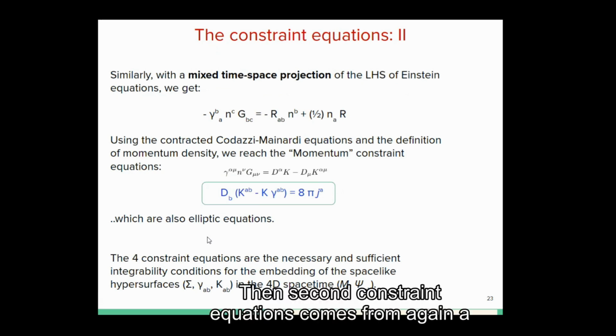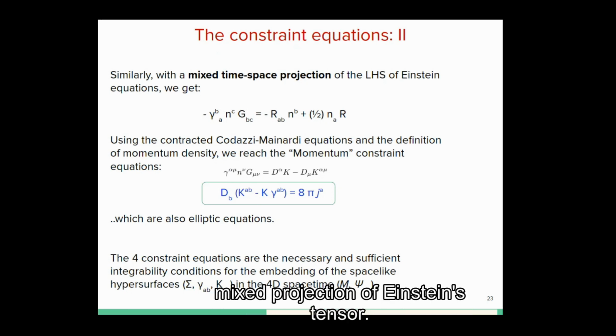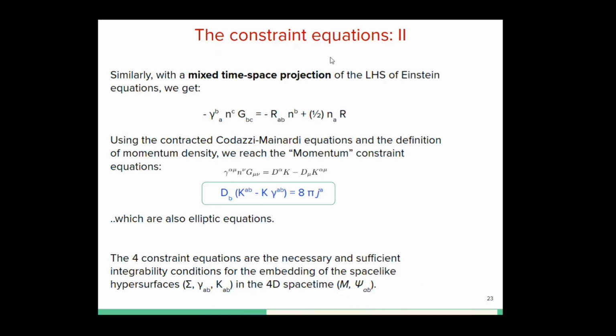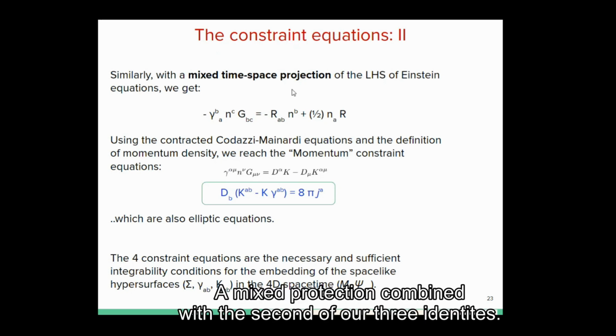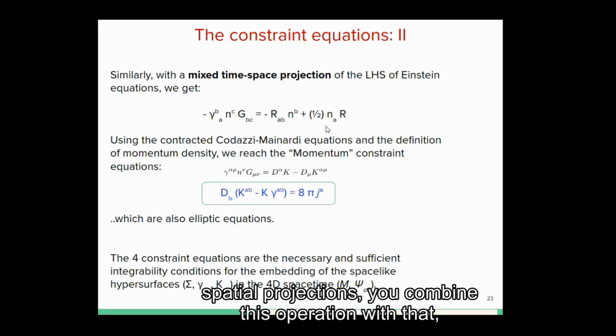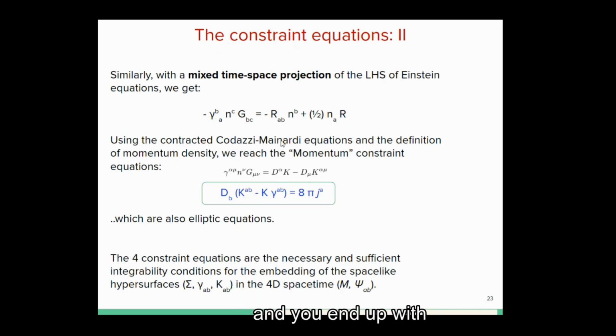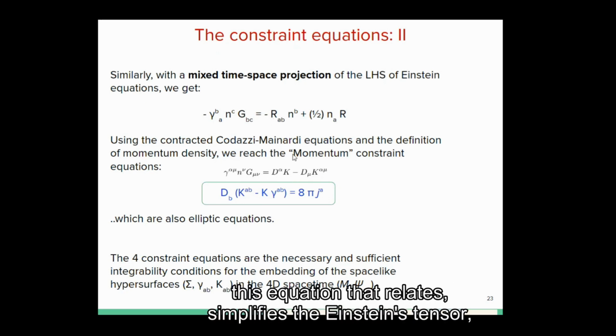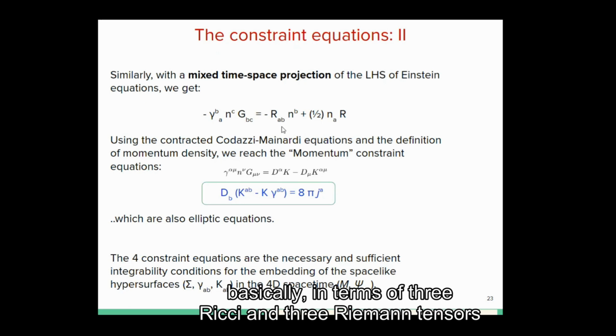Anyway, the second constraint equation comes from, again, a mixed projection of Einstein's tensor, combined with the second of our three identities, the one that came from one time projection and three spatial projections. You combine this operation with that, and you end up with this equation that simplifies the Einstein tensor in terms of the three-dimensional Riemann tensor.